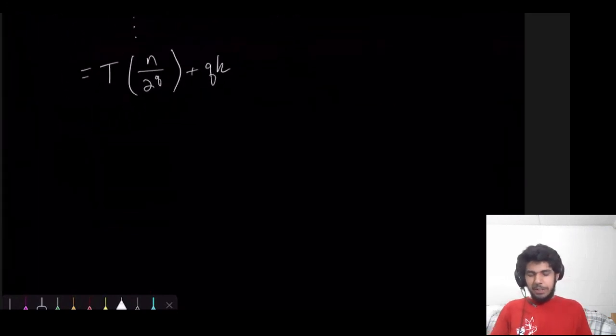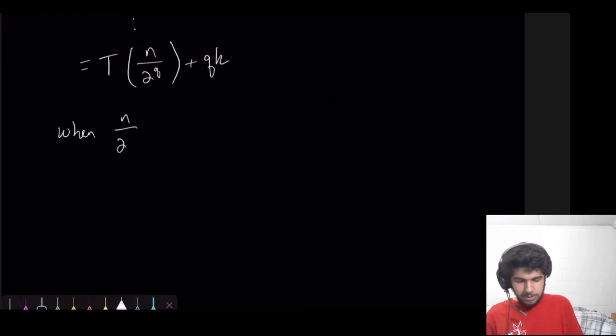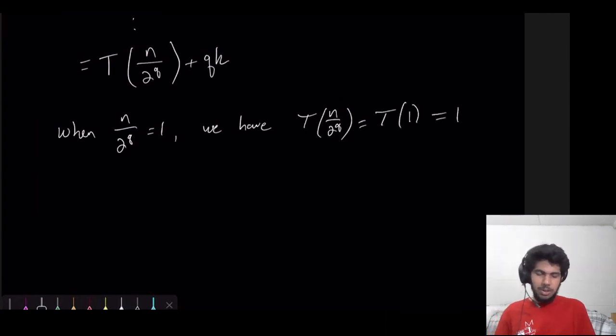So when does this bottom out? When n over 2 to the q equals 1, t of n over 2 to the q will obviously be equal to t of 1, which is equal to 1. So that's when we can get rid of this t term.